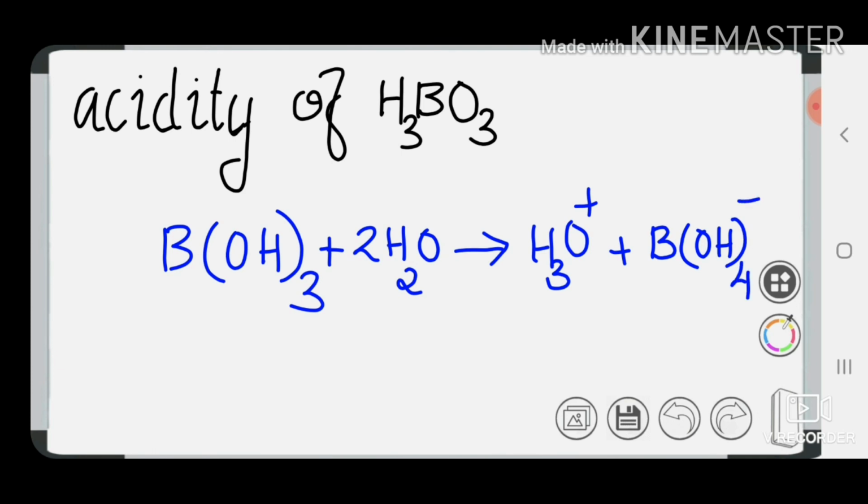Here you see that B(OH)3 accepts a pair of electrons from the OH- ion, so B(OH)3 is converted to B(OH)4-. Since H3BO3 accepts an OH- ion, it is called a Lewis acid. And it accepts only one OH- ion, only one pair of electrons, so it is a monobasic acid. H3BO3 is a monobasic acid and a weak Lewis acid.